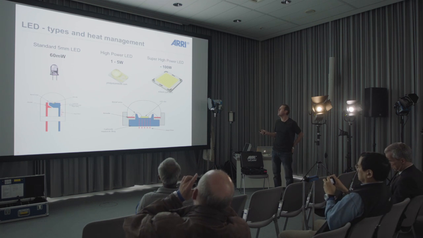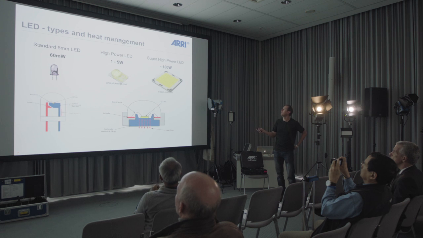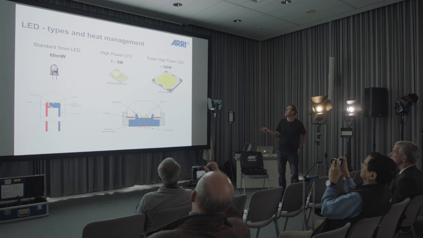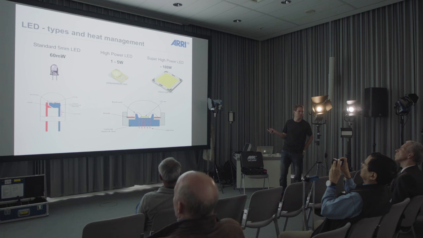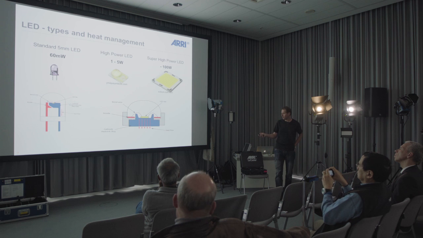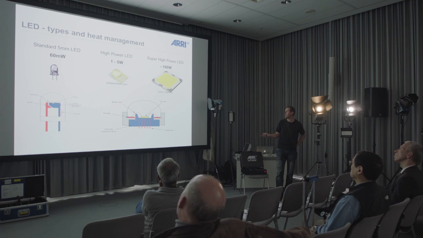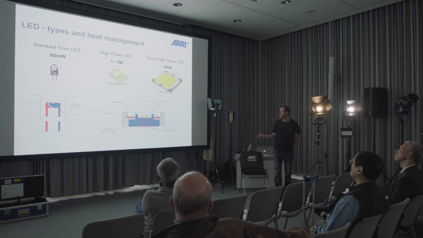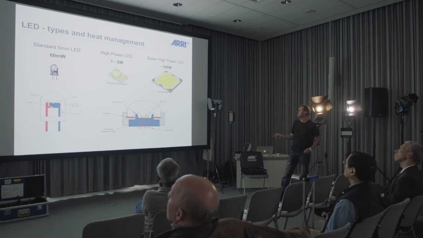So the LEDs that we use, for example, in these units and also in the LED panel, are types like this, high power LEDs. And all these LEDs that have a little bit more power than 60 milliwatts have heat management already included. So there's always a kind of heat sink below the LED chip, and it's absolutely necessary to get rid of the heat that the LED produces.